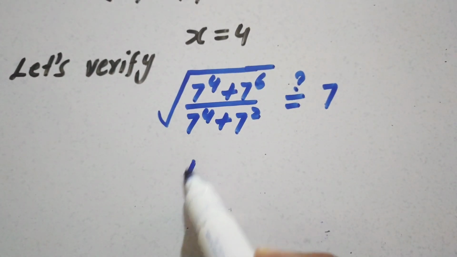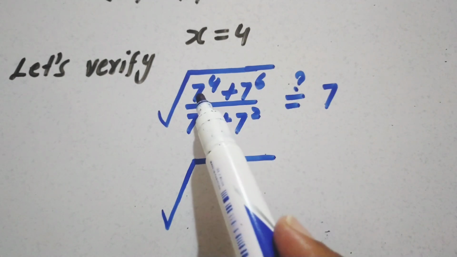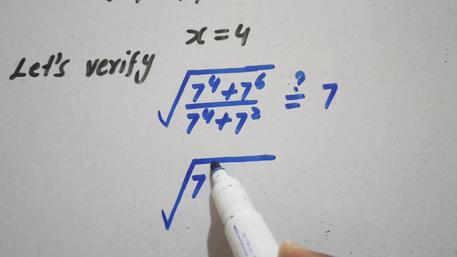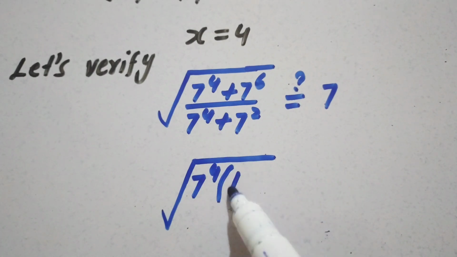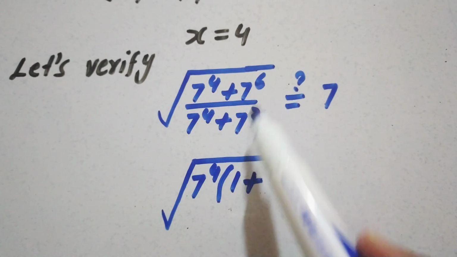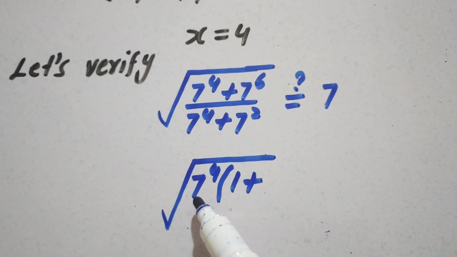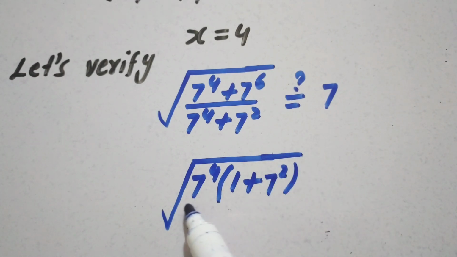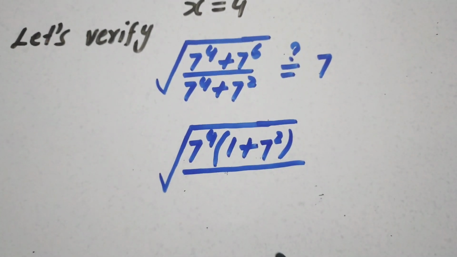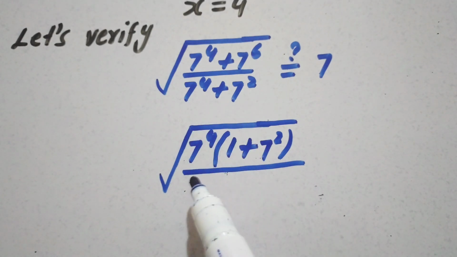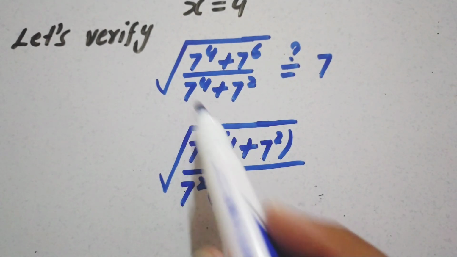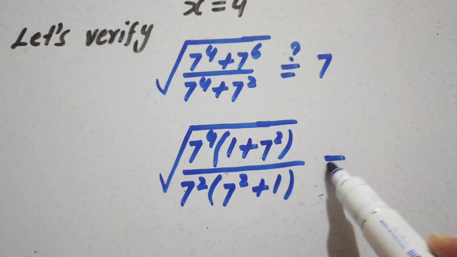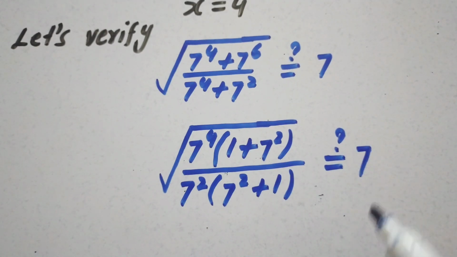Now square root of, we can take 7^4 as a common from numerator, and inside 1 plus 7 squared will be left, since we have taken out 7^4. Divide by, from the denominator we can factor out 7 squared, and here 7 squared plus 1 will be left, whether it is equal or not equal to 7.